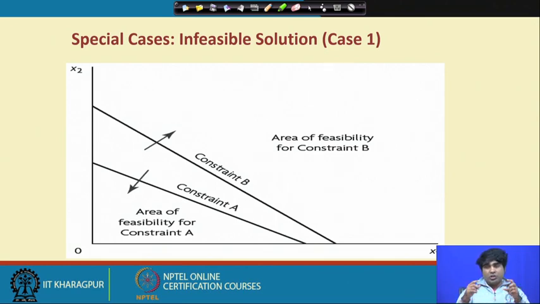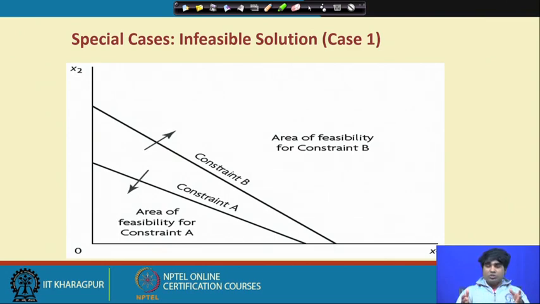For instance, if there are two variables, say x 1 and x 2, since we are doing the graphical indication to know the normal case and the special case, the objective function may not reach optimality if the constraints are not consistent.